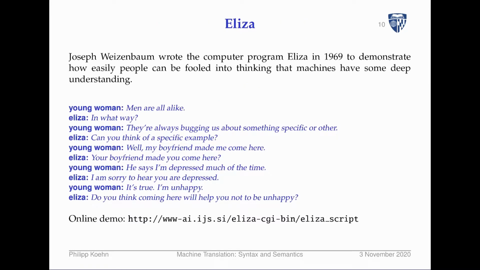Okay, I'll just throw out this example and I'll explain why I'm bringing this up. This is Eliza. This is a computer program that was written by Joseph Weizenbaum already in 1969. Just imagine what kind of computers were available in 1969. You can actually download the whole program or try it yourself.